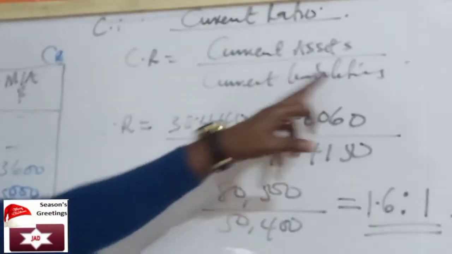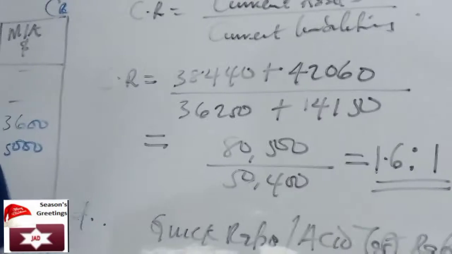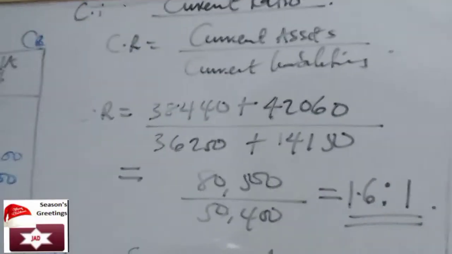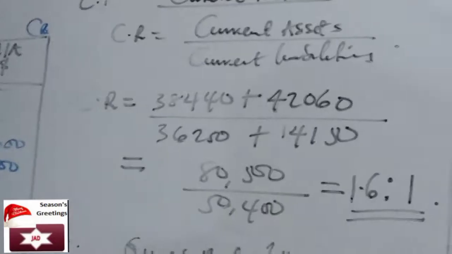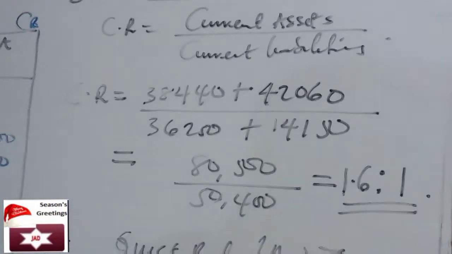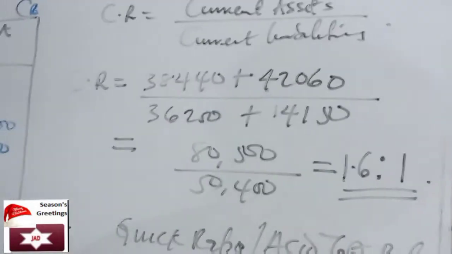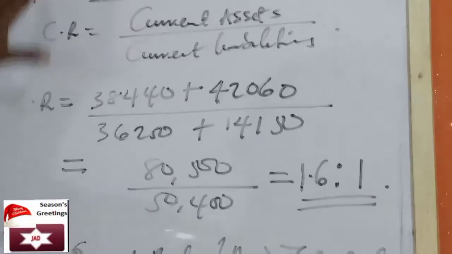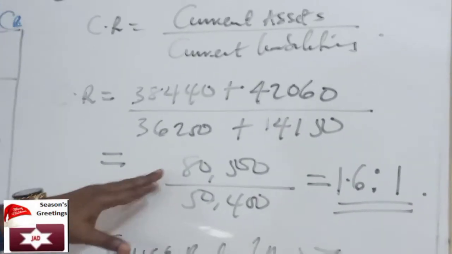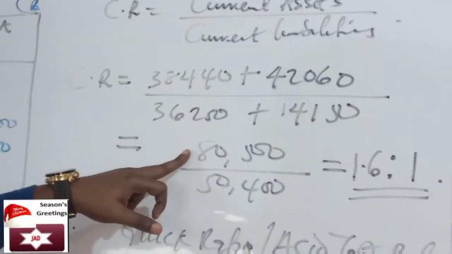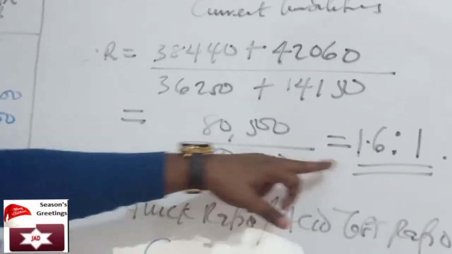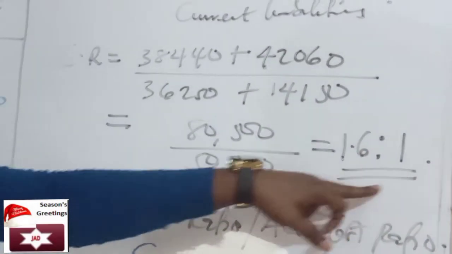If our current ratio is current asset over current liabilities, it means that cash is part of current asset. So if you introduce additional cash of, let's say, 20,000, our current asset will increase to 100,500, which will also increase our ratio.